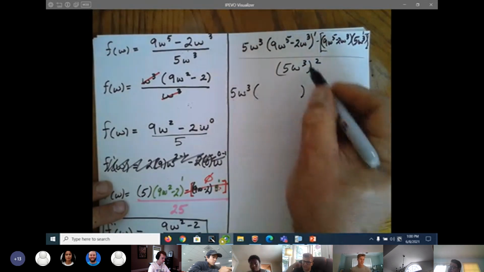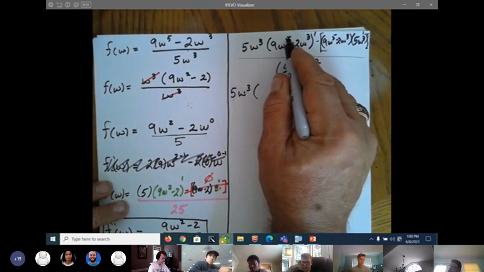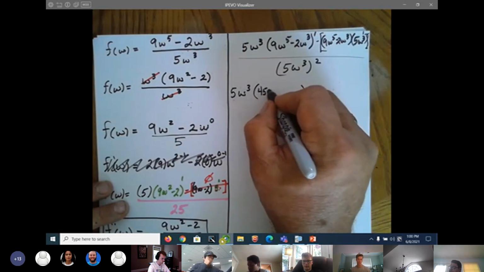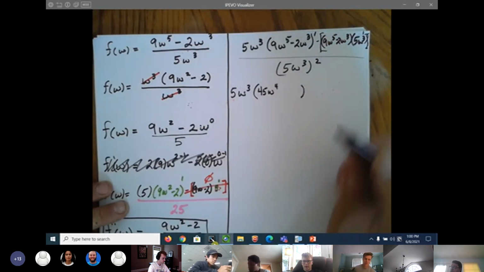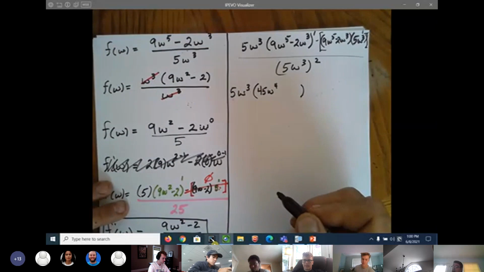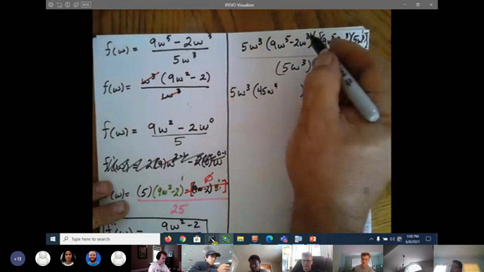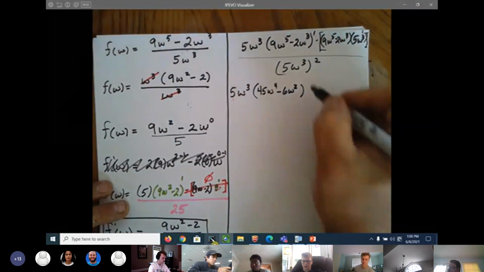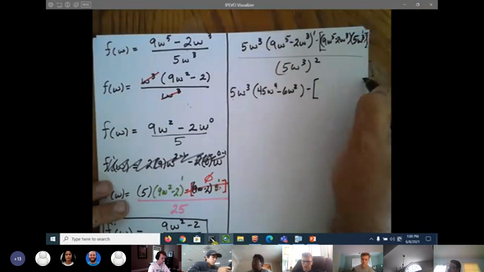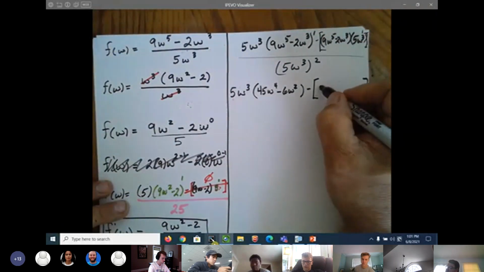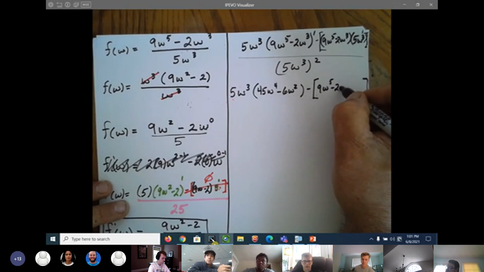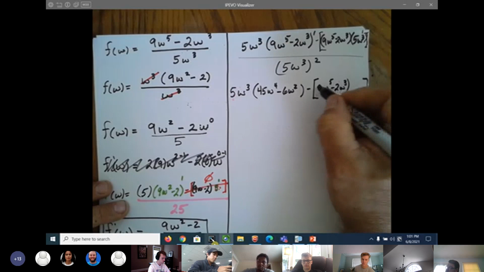And what is the derivative of 9w to the 5th? 45w to the 4th, and 6w squared, minus 9w to the 5th minus 2w cubed.